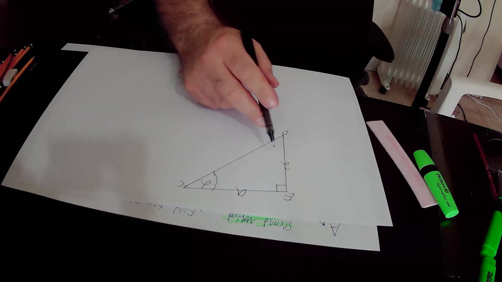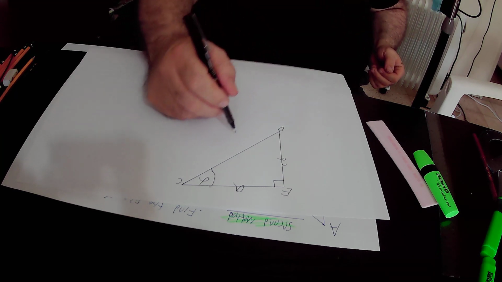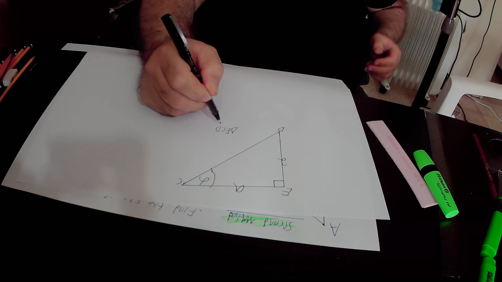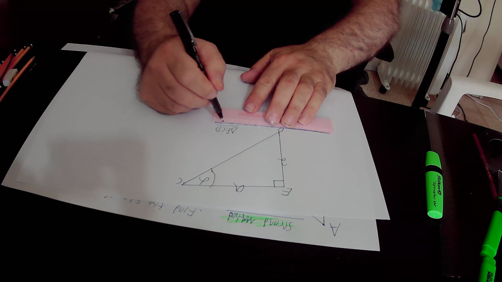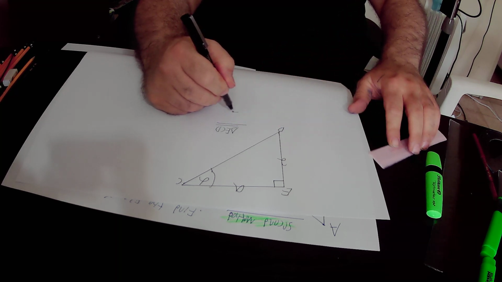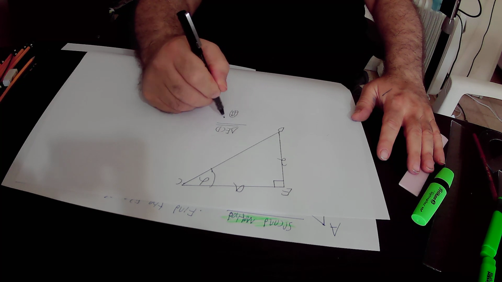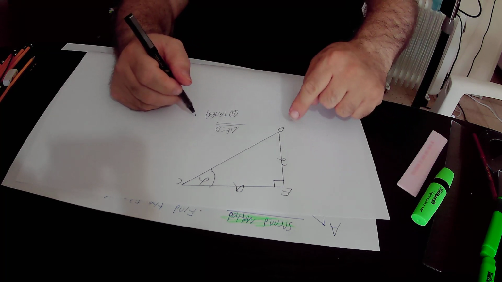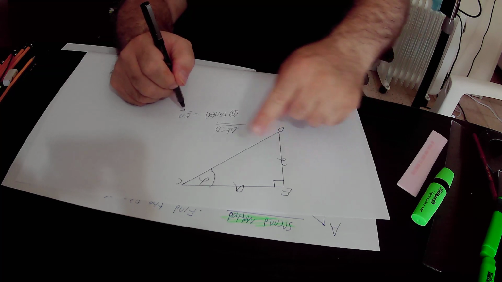EC equals A, ED equals 2. So in the right triangle EDC, what is the value of tangent alpha? Here tangent alpha is equal to ED over EC.